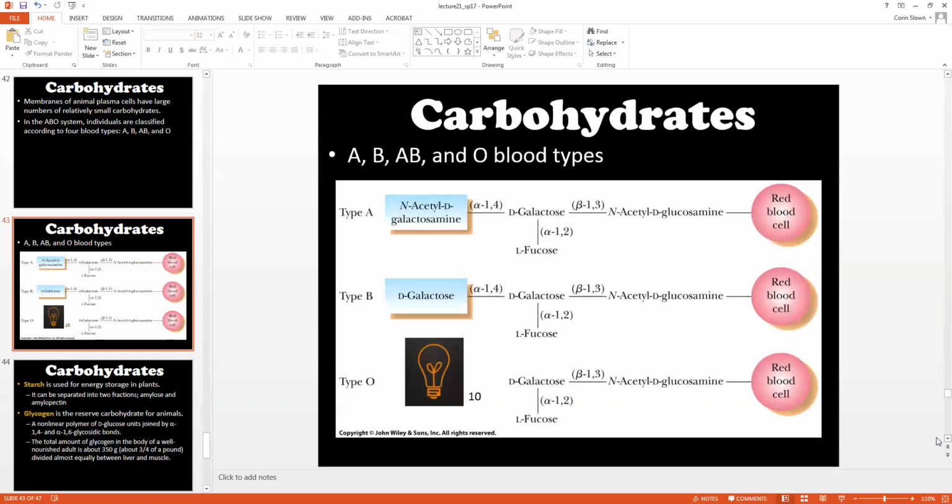If you have the N-acetyl D-galactosamine, that's type A. If instead you have D-galactose, that's type B. Can you guess what type O is if I tell you that type O can donate blood to either type A or type B?